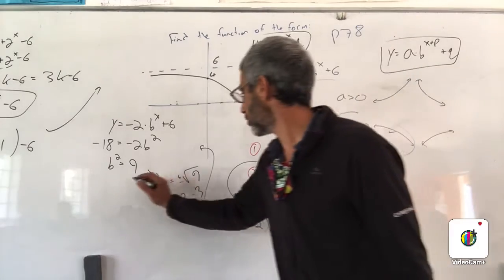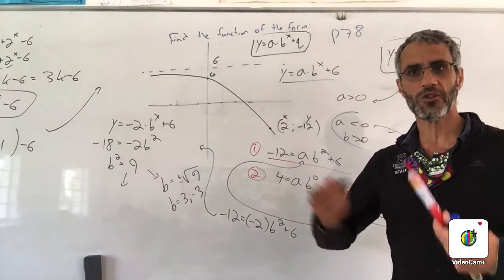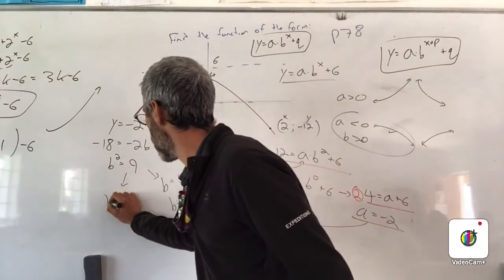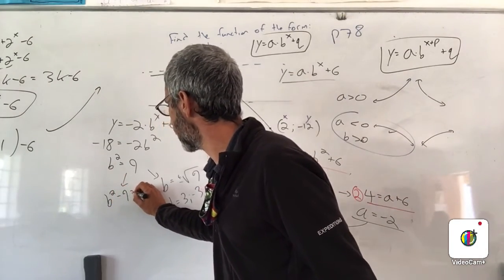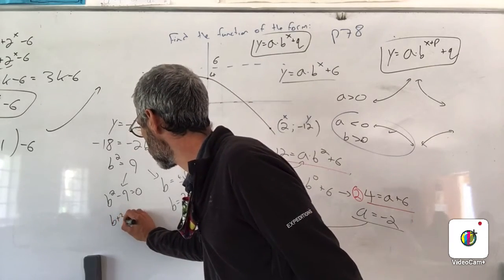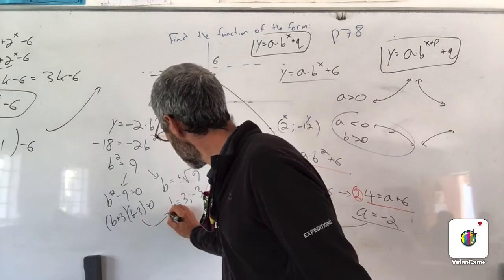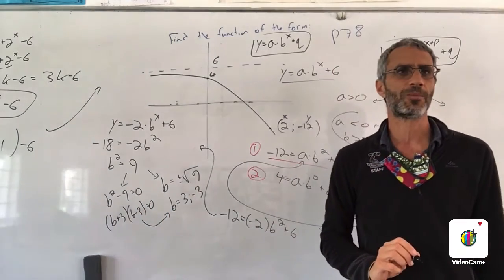The other option, which we normally suggest you do, is move it to the other side, right? B squared minus 9 is 0, which is a difference of squares, so it's b plus 3 times b minus 3 equal to 0. Same, you get b equal 3 or minus 3.